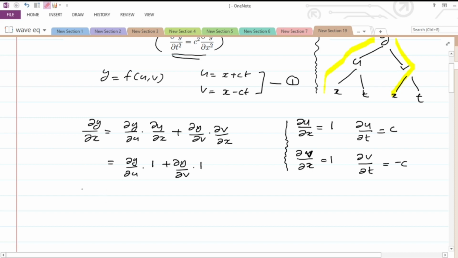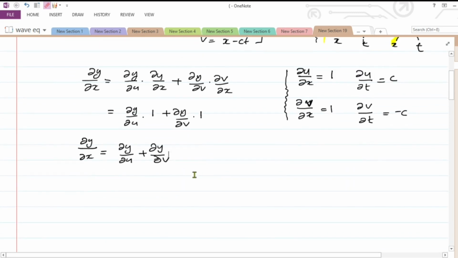So dou y by dou x is equal to dou y by dou u plus dou y by dou v. You can also write this only in terms of the derivative operators: dou by dou x is equal to dou by dou u plus dou by dou v.